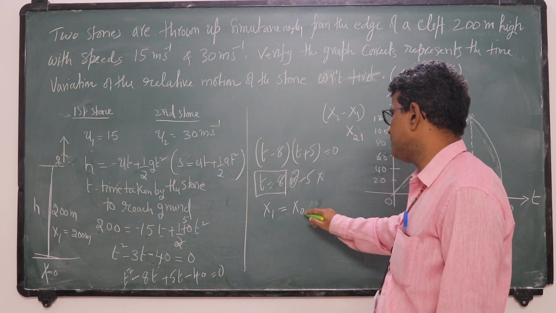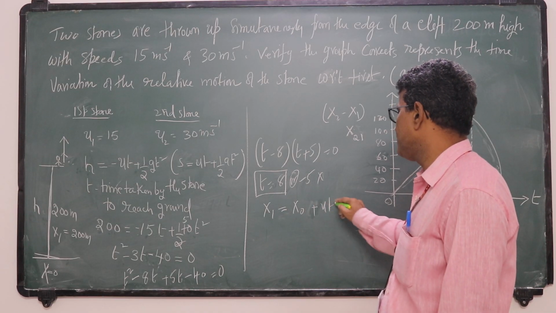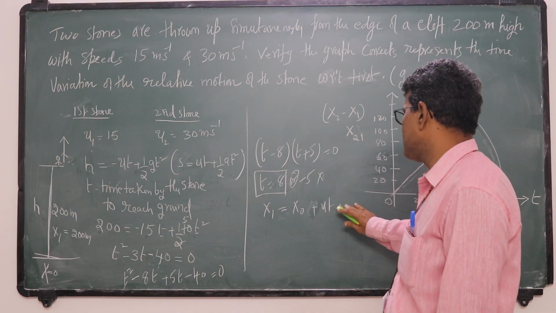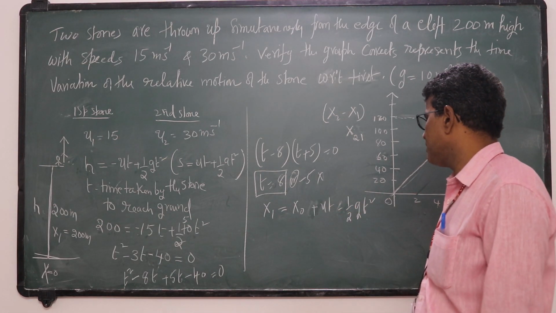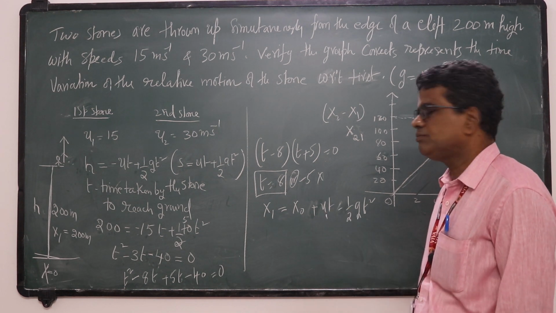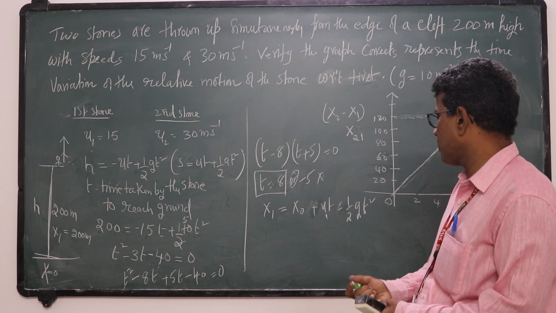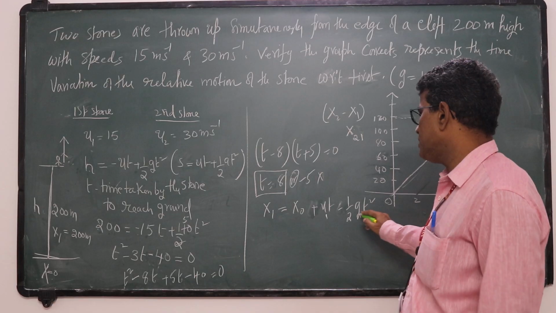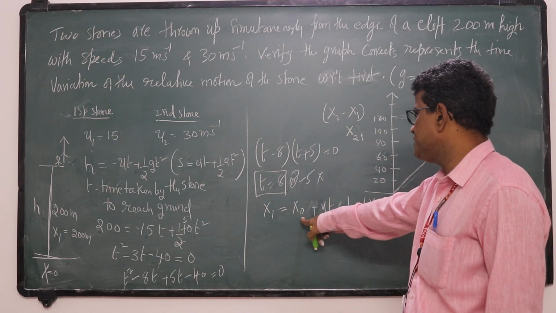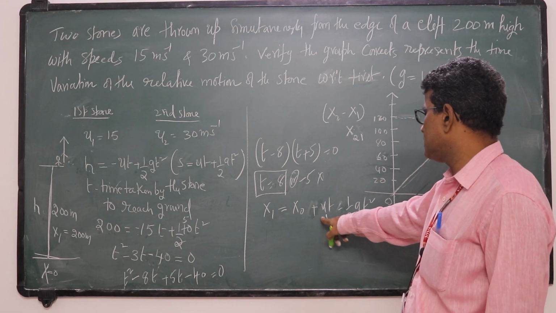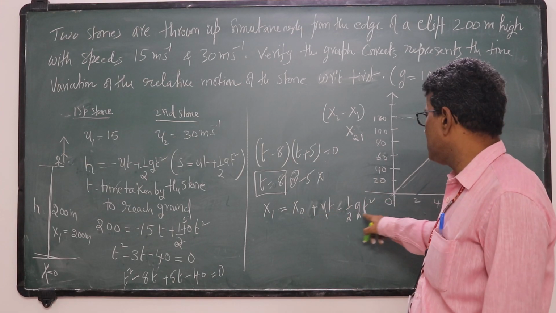This is plus ut plus, since it is rising up, minus half gt square. This is x1, the position: initial separation plus s, where s is equal to ut plus half at square.